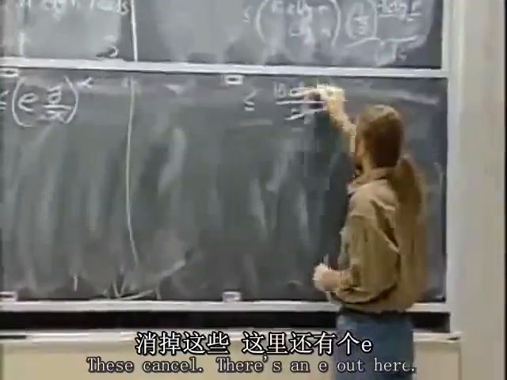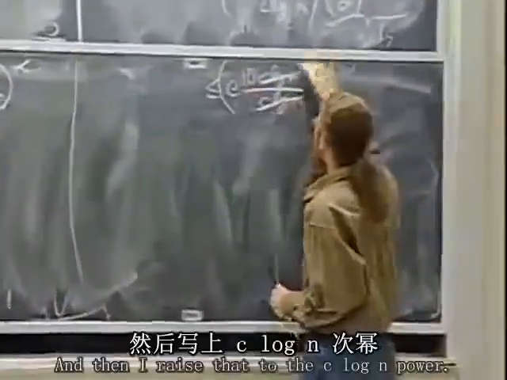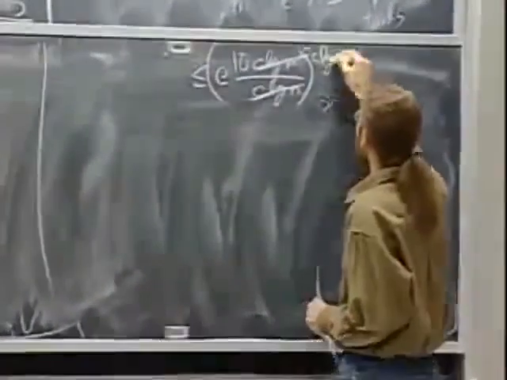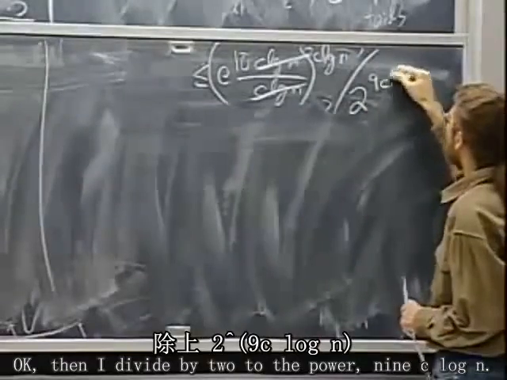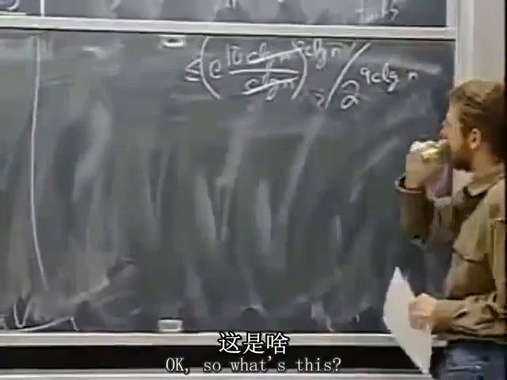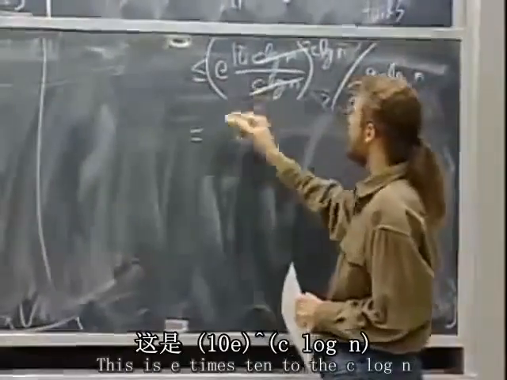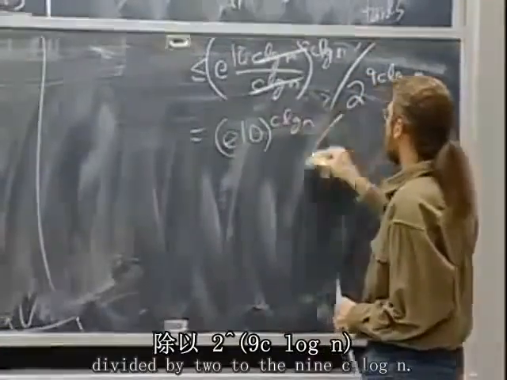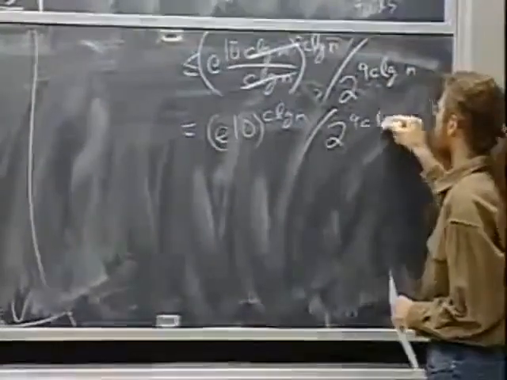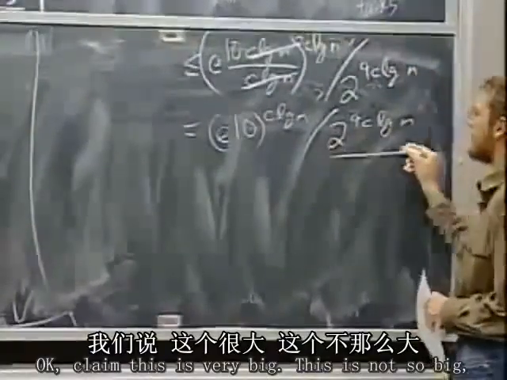Right, these cancel. There's an e out here, and then I raise that to the C log n power. Okay, then I divide by 2 to the power 9 C log n. Okay, so what's this? This is e times 10 to the C log n divided by 2 to the 9 C log n. Okay, claim this is very big.